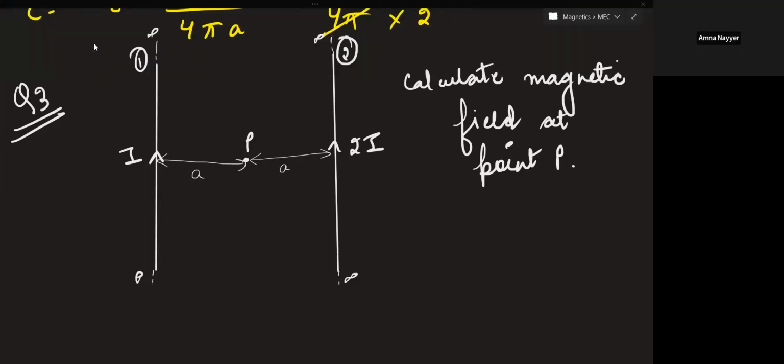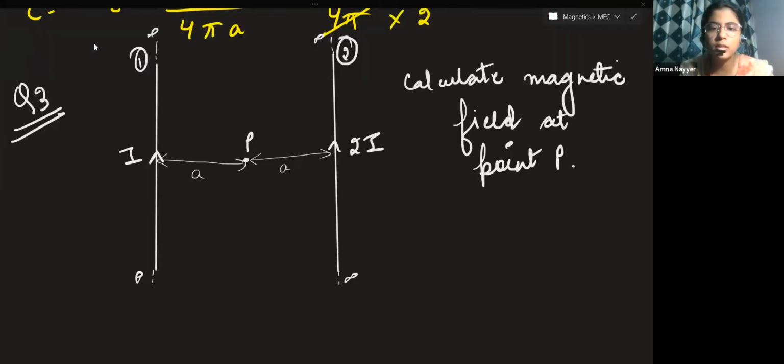Let's discuss it now. Only 3 students tried. Okay, Fatima has also tried. Hamza, you have kept the value of mu naught. Okay, I think a typing error must be there, Hamza. Okay, only B1 you are writing. Fine.